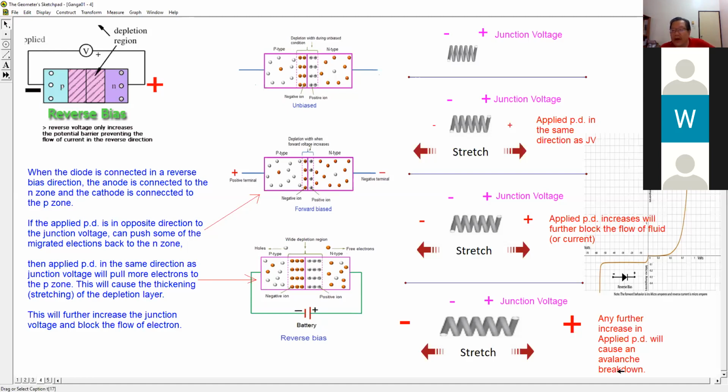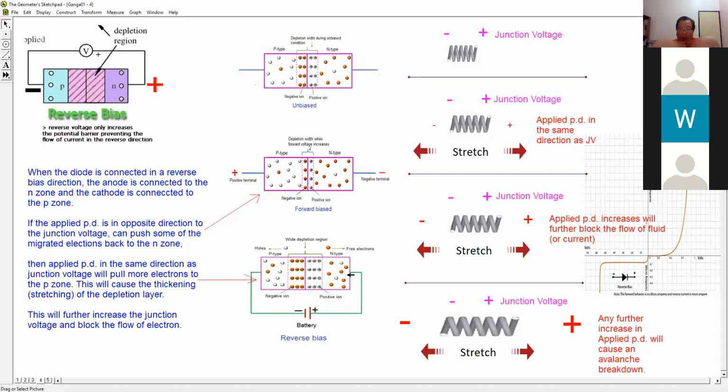This is the avalanche breakdown, whereby the internal structure of the silicon, or germanium if you are using germanium, is destroyed by the external voltage, because this external voltage provides a lot of energy. So it will pull out all the electrons and create holes in almost every silicon atom and germanium atom inside this diode.